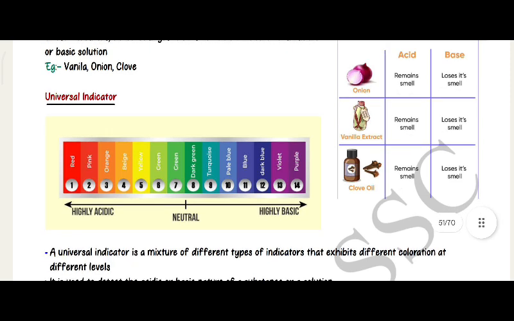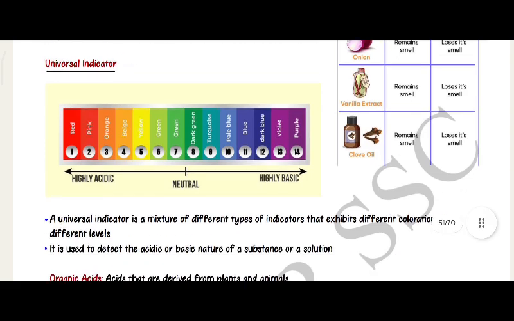Universal indicators: neutral is between 7 and 8, green; dark green; from highly acidic red to highly basic purple. The pH scale 1 to 14: 1 red, 2 pink, 3 orange, 4 beige, 5 yellow, 6 light green, 7 normal green, 8 dark green, 9 turquoise, 10 pale blue, 11 blue, 12 dark blue, 13 violet, 14 purple.